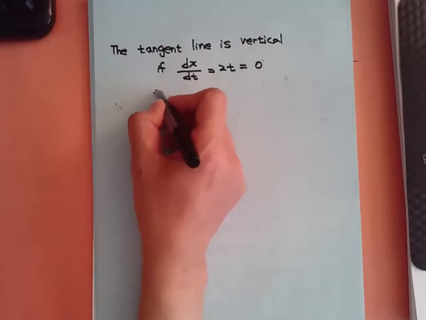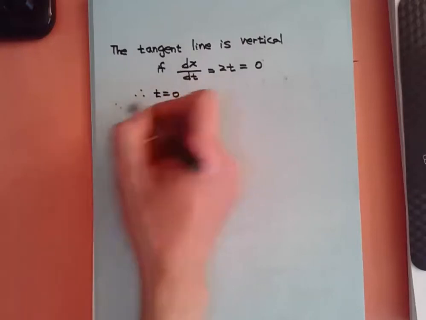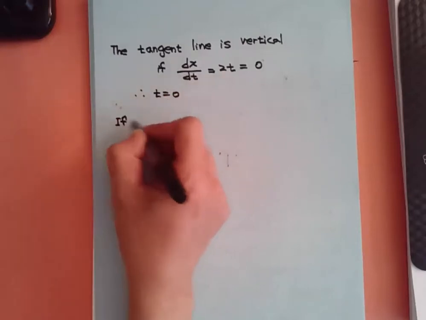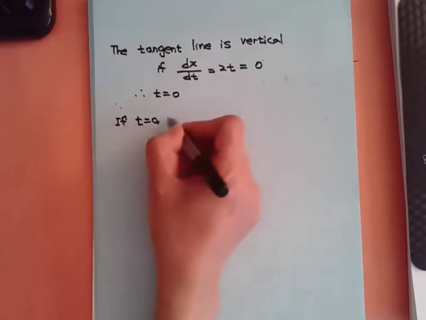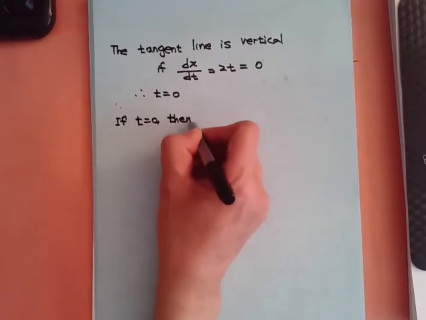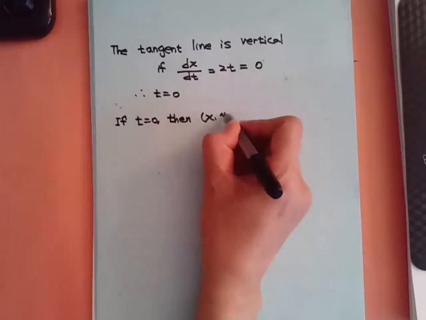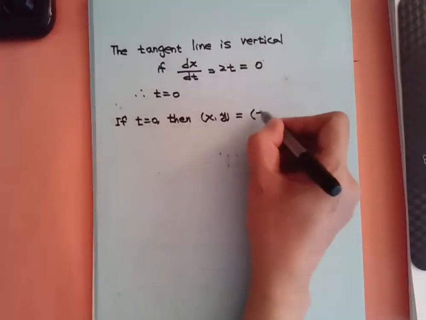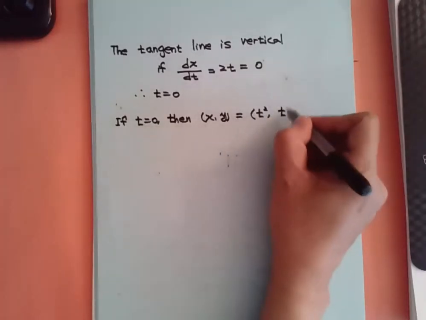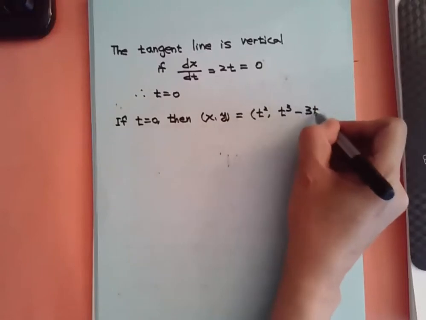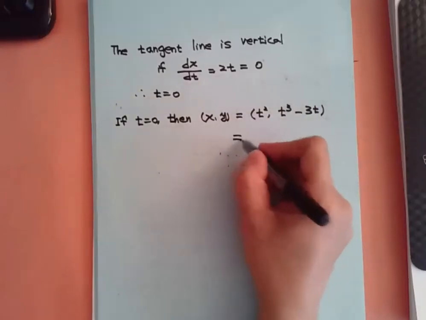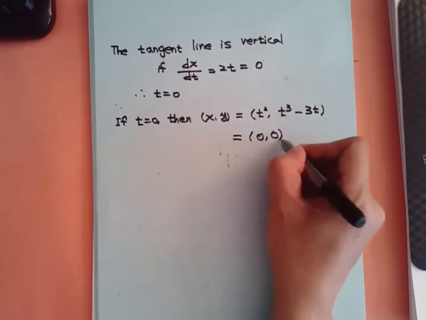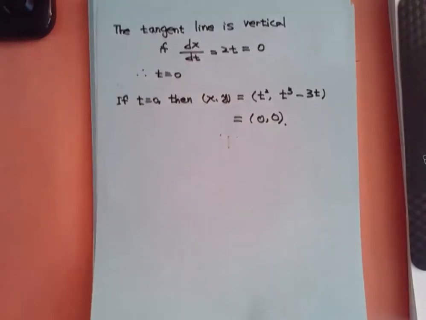So we have t equals 0. And if t equals 0, then x and y equals t squared and t cubed minus 3t, and t equals 0. So when you plug that in, that becomes 0 and 0.